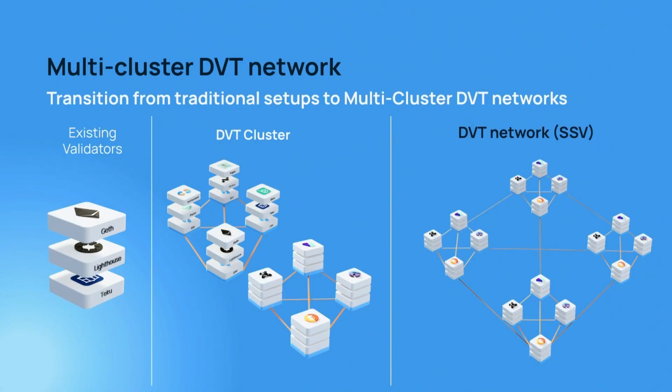After that, this is where we are, a DVT network where every individual operator cluster is connected into a mesh-like network. So even in the extreme scenario where, let's say, there are 4 operators in the cluster and one went down forever because of regulations, with a DVT network you are able to take this operator and replace it with any other operator in the network according to your own criteria, permissionlessly. You don't have to talk to anyone, basically, all right?